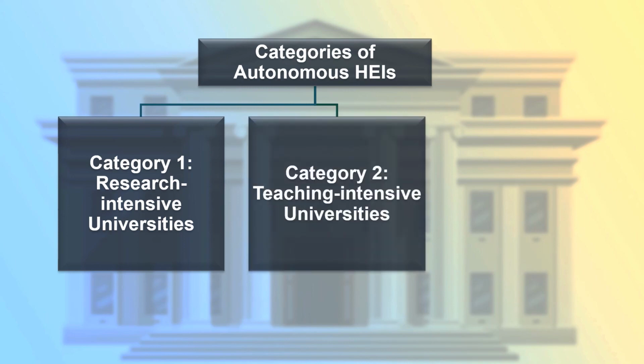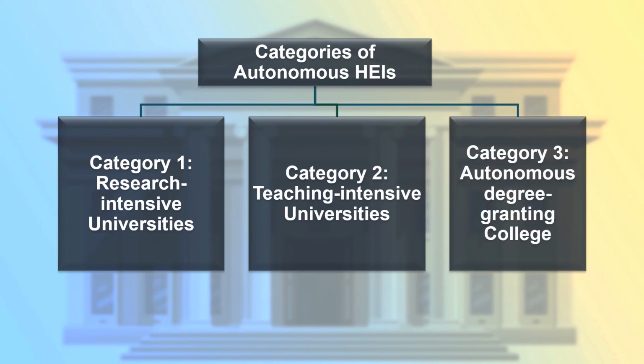Then greater emphasis on teaching but still conduct significant research is the category 2, teaching intensive universities, and category 3 is autonomous degree granting college, a large multidisciplinary institute that grants undergraduate degrees and is primarily focused on undergraduate teaching, though it would not be restricted to that.